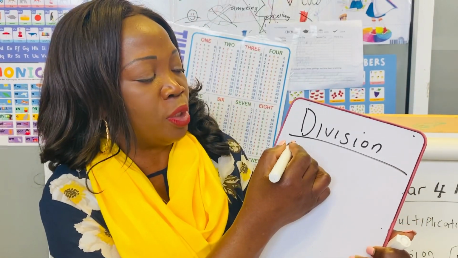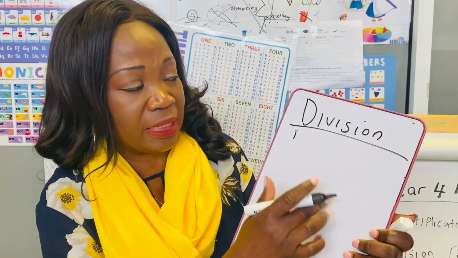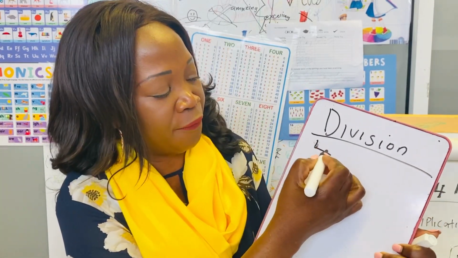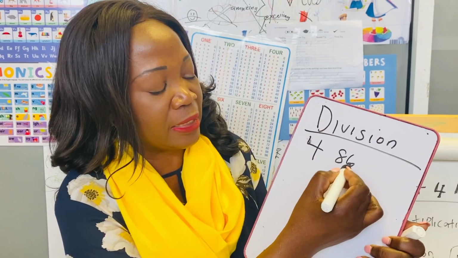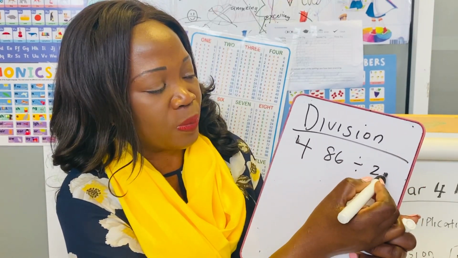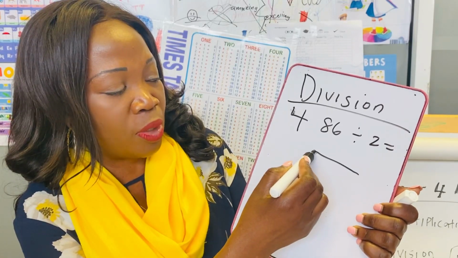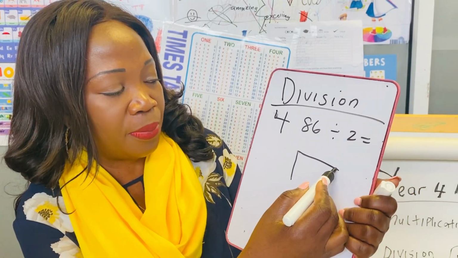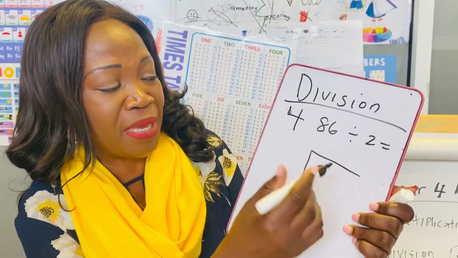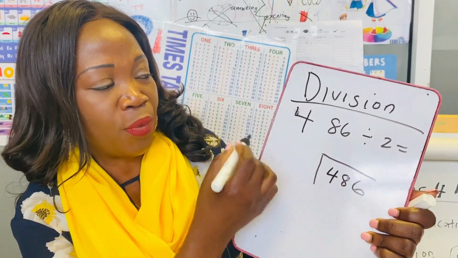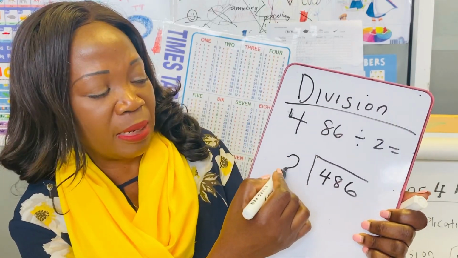So let's see. You have 486 divided by 2. The reason why they call it bus stop method is because it looks like a bus stop. We are going to put our big number inside the bus stop, and we are going to put our 2 outside the bus stop.